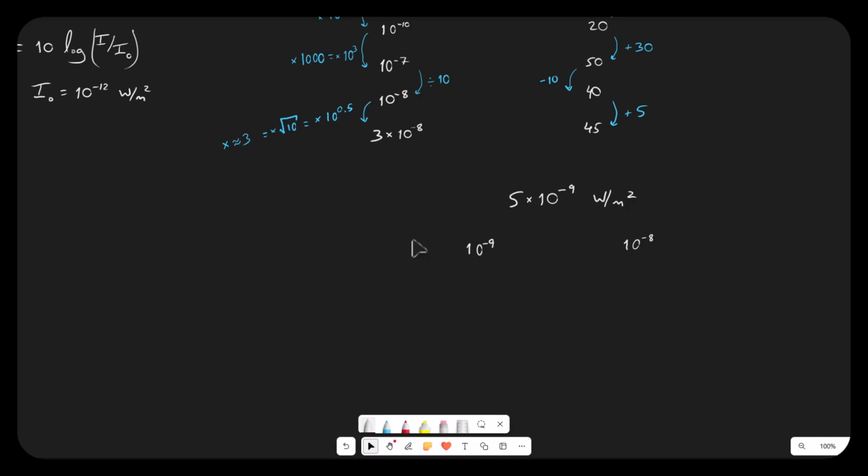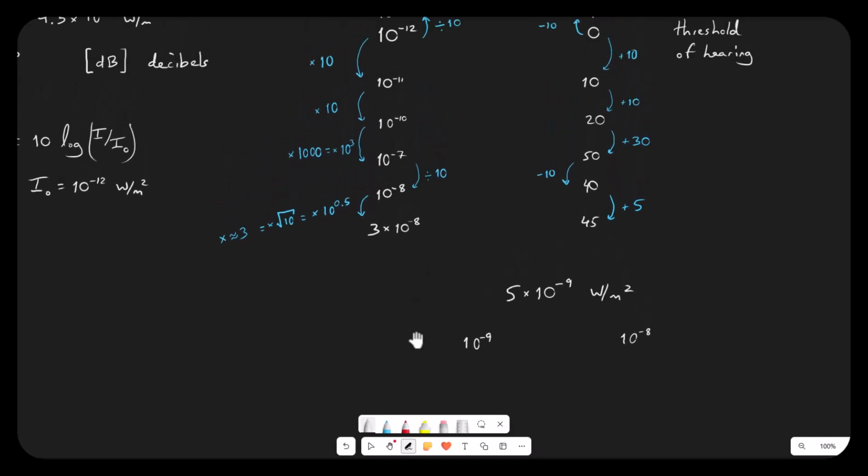And those aren't too bad to do. 10 to the negative 9th, I know my zero level is 10 to the negative 12th. I've gone up 3 jumps, which means this must be 30 decibels. I'm going up by another 10, so this must be 40 decibels.